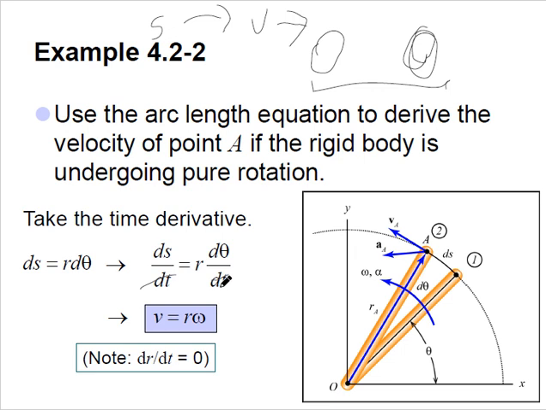Now ds by dt is the regular velocity, and d theta by dt is your angular velocity. Of course, r is the distance of that point from the origin, your fixed point. So now we have derived the velocity of point A of that rigid body.